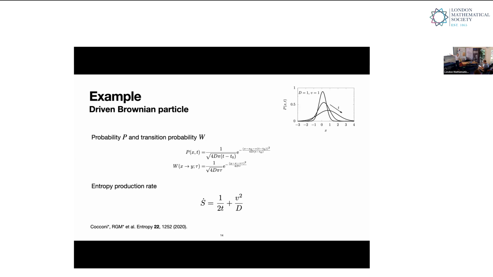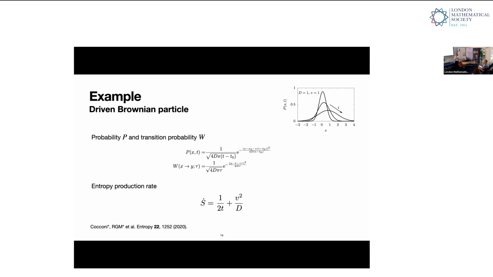Why I'm showing this is because essentially all the complicated examples are going to be compared to this base case. There are two terms. The first term is from the relaxation. Initially, the particle is placed at some point. As time evolves, this particle is going to diffuse and reach some sort of steady state.